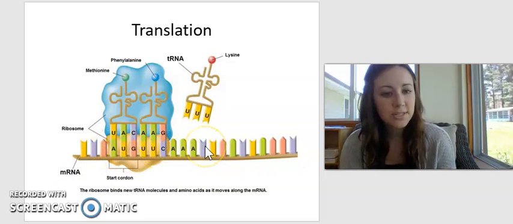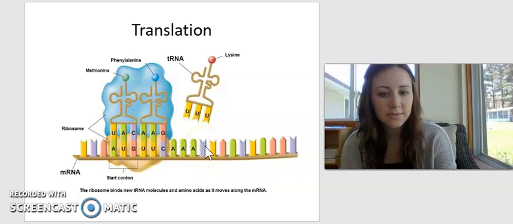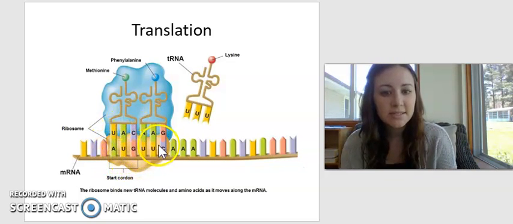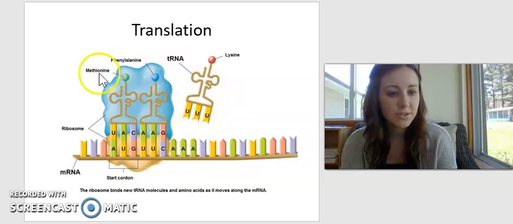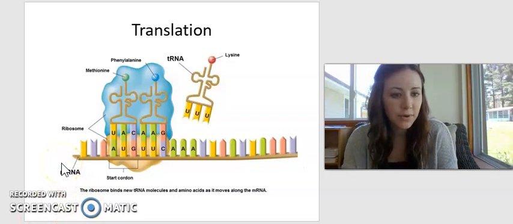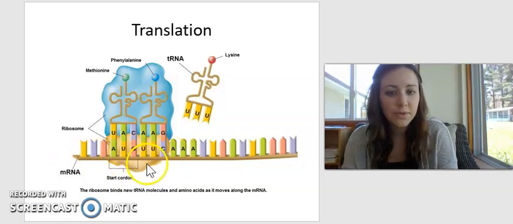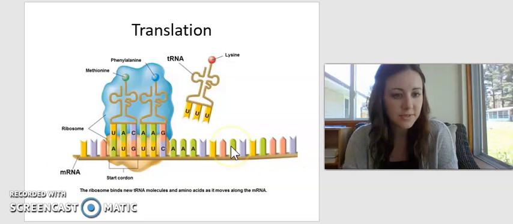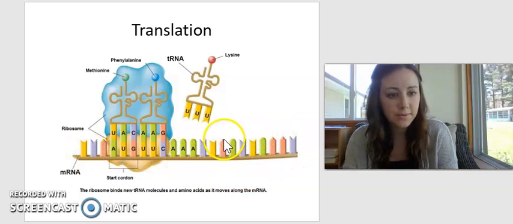This mRNA strand is going to keep going through the ribosome, and each time it does, a new tRNA molecule is going to come and attach, and that's going to determine the chain of amino acids. That's how translation works. Remember, we got this RNA from the DNA complementary strand. We transcribed the RNA from the DNA. That messenger RNA is then going to go out of the nucleus. It's going to go onto a ribosome.